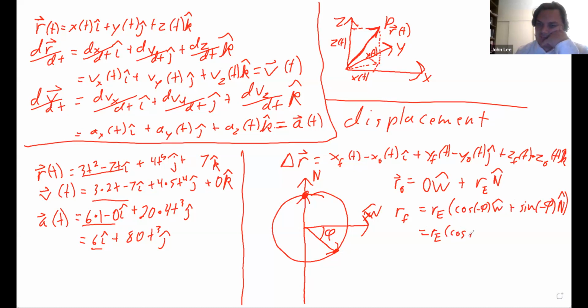cosine phi, because like I said before, cosine is an even function, which means that when you put a negative angle into it, it gives you the same value as when you put the positive version of that angle in. While sine is an odd function, which means that if you put a negative angle in, it gives you the opposite of the positive angle. So minus sine phi.